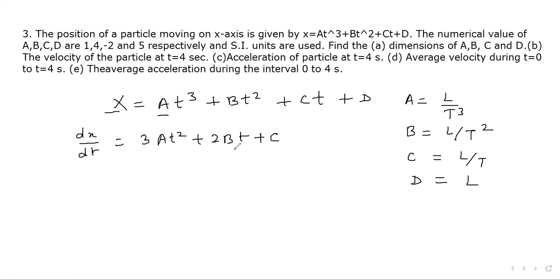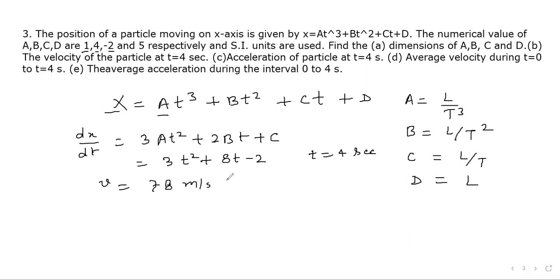Now, we can put the values a equal to 1, b equal to 4, c equal to minus 2. So we will get 3t square plus 8t minus 2. Given t equal to 4 seconds, so if you put t equal to 4 seconds, we will get velocity as 78 meter per second.